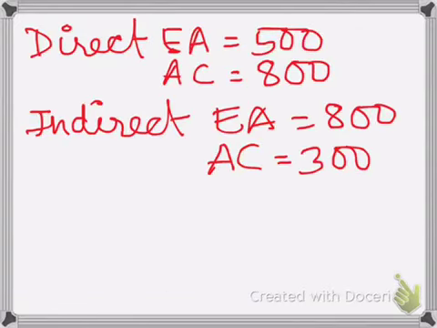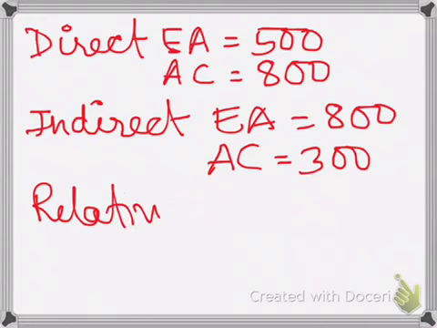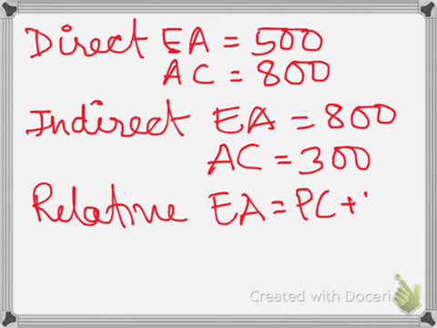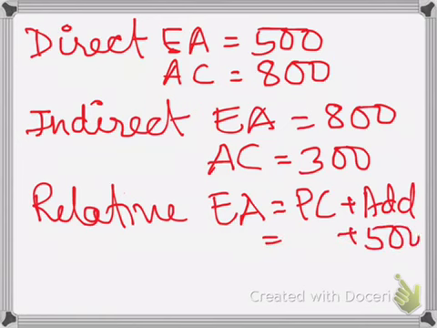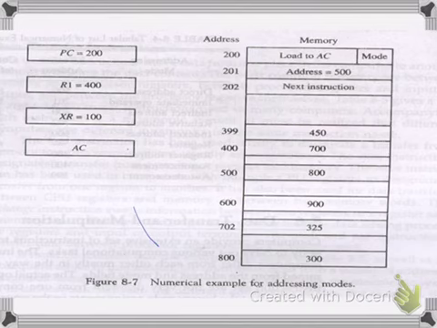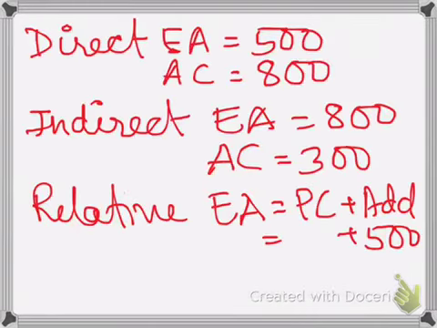Then we have relative. In relative, the effective address is the contents of the program counter plus the address field. In the address field I have 500 and the contents of the program counter, here you can see, is 200. So it will be 200 plus 500, which is 700.